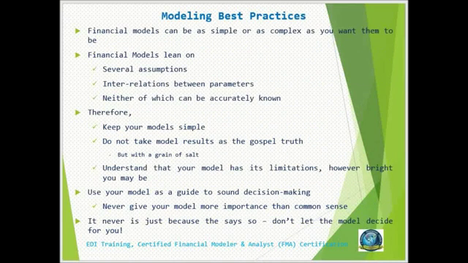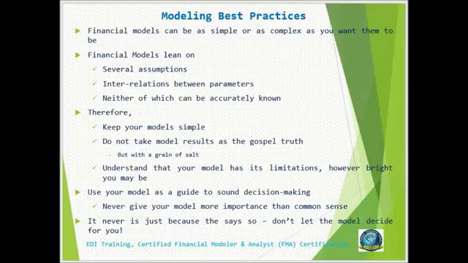So what I'd say is keep your models simple. And even though the situation you're tackling may be very complex, still break that complexity down into little chunks and keep your overall model simple. As you likely know, a financial model leans on a lot of assumptions, a lot of interrelations between parameters, and none of these can be accurately known 5 years or 10 years out in the future.